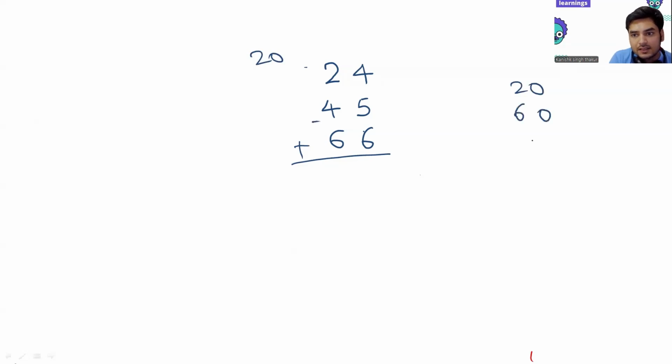So these are there. Suppose I take 3-digit numbers, 24, 45, and 66. Okay, come on, let's do that. So this is 20. 20 I get, then 4 I get 60. 60 and 60 I get 120. Then I get 124, 129, and 135. Right?